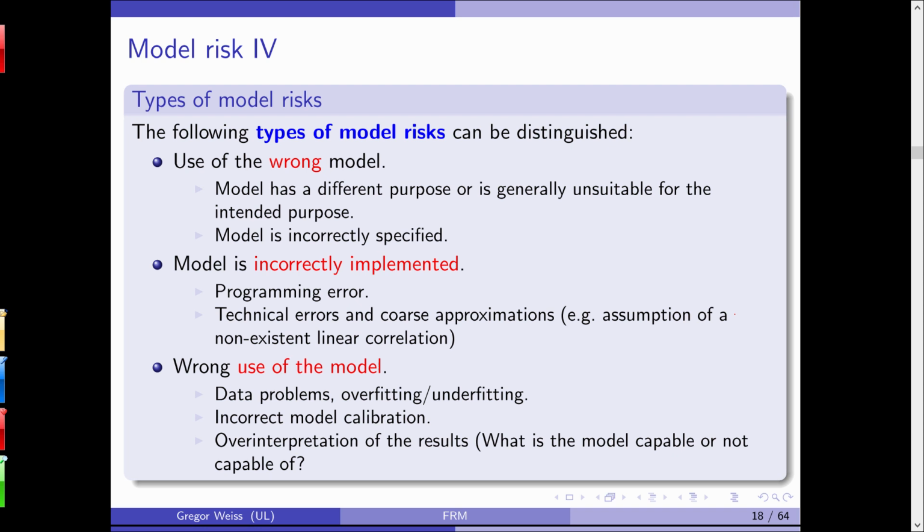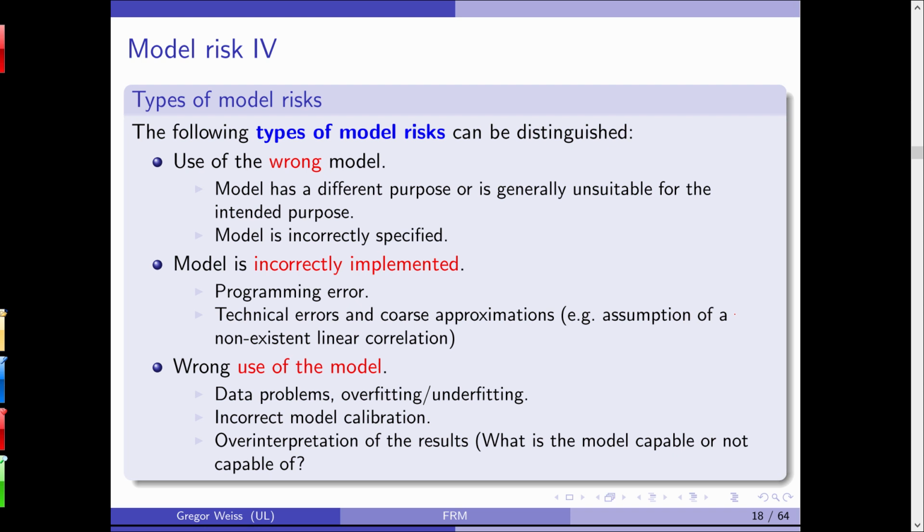There could be technical errors, too coarse approximations. For example, in a very simple case, if you assume a linear relation between two variables, but actually in reality there's a non-linear relation between two variables. Or you could use the model in a wrong way. For example, you have data problems, you have over or underfitting, you have an incorrect model specification, incorrect model calibration, and in the end you overinterpret the results.